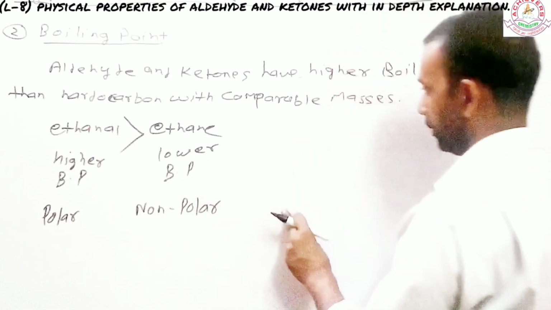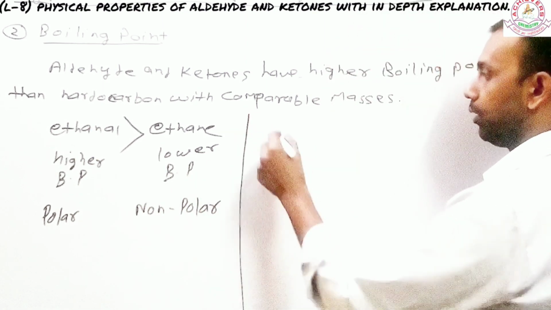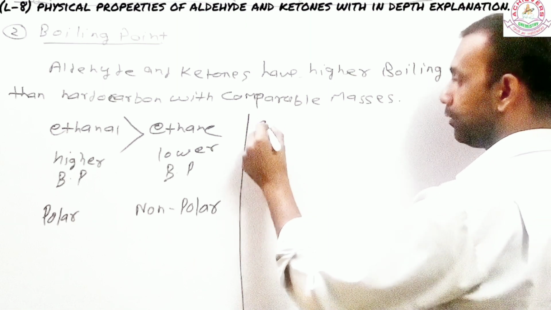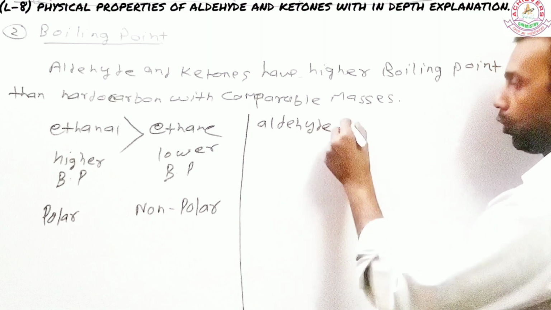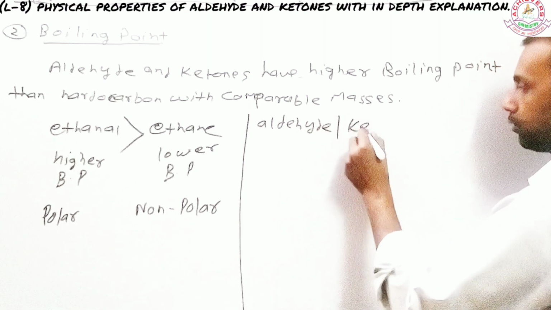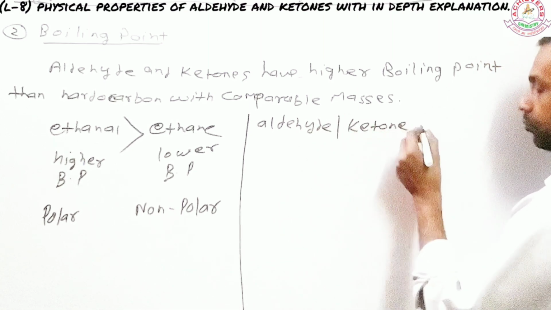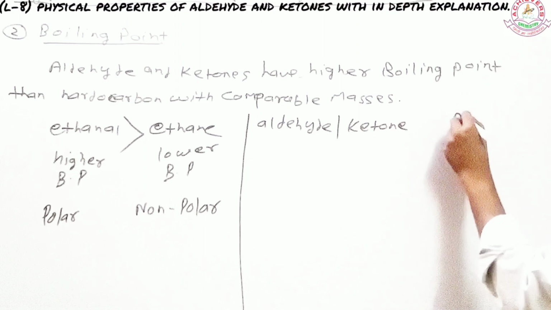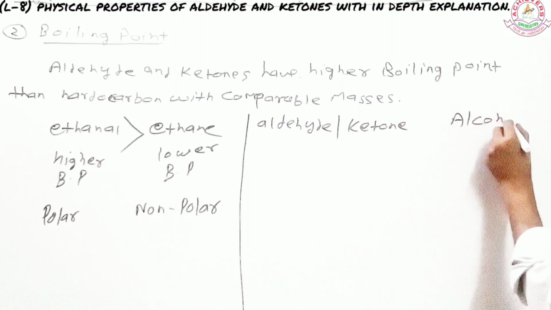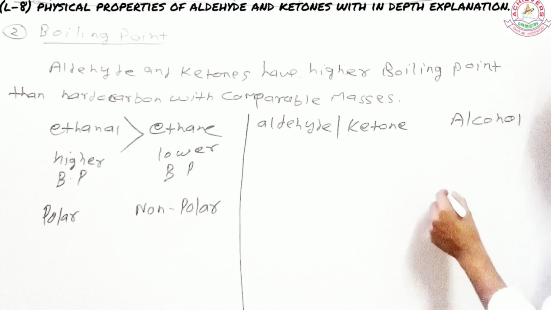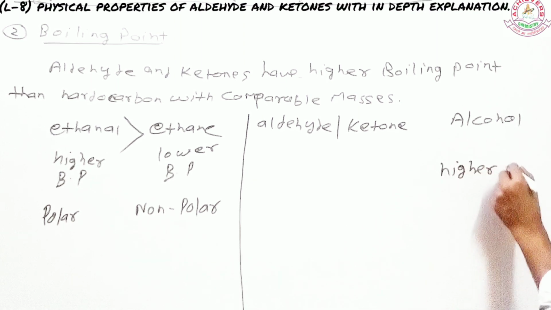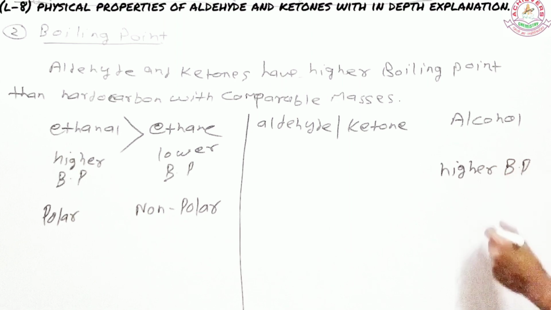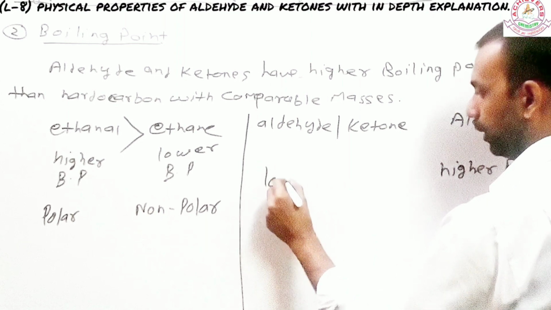But if you compare aldehydes or ketones with alcohols, then the alcohol has the higher boiling point, and the aldehyde or ketone has the lower one.